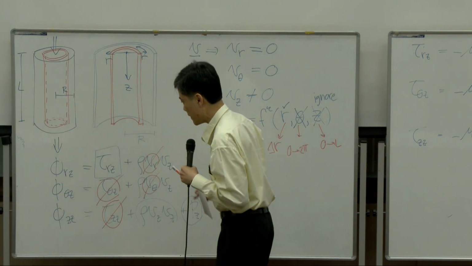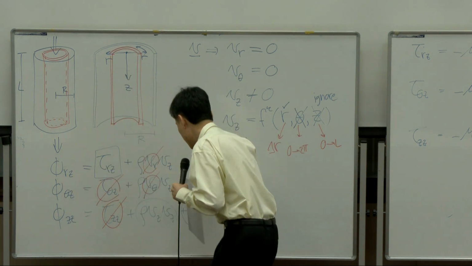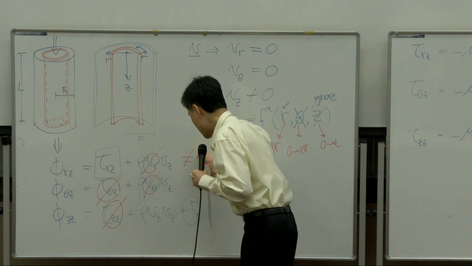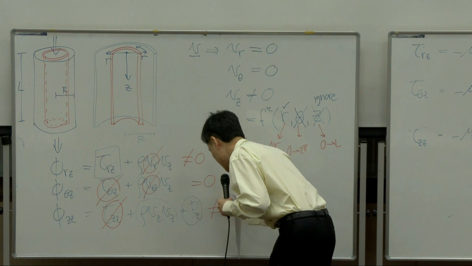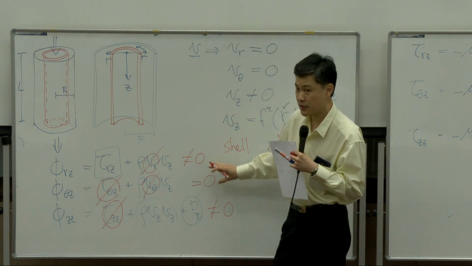All right, so that means phi theta z is 0. This one is 0. Phi rz is not 0. And phi zz is not 0. So from all three fluxes, we will consider only 2.